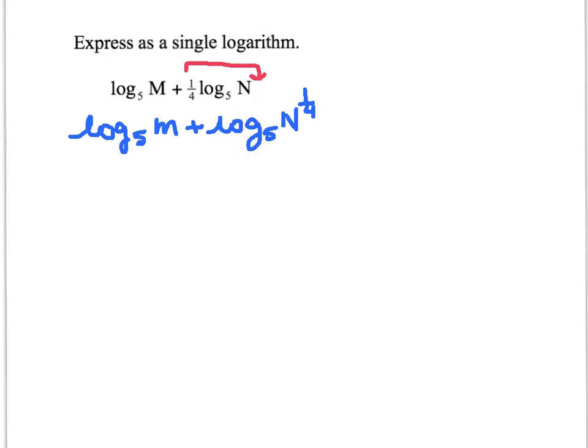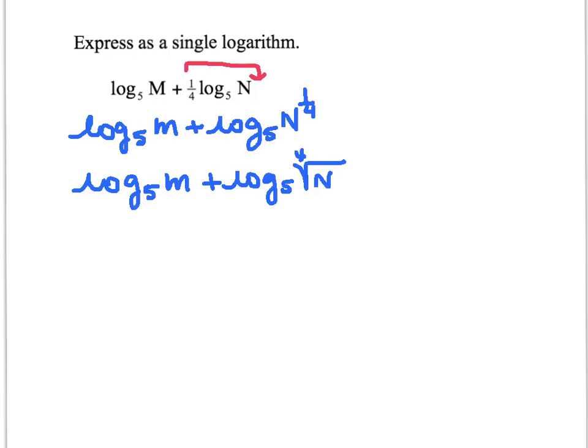I'm going to take that rational exponent 1/4 and put n to the 1/4 back into radical form, and so I'm going to call this log base 5 of m plus log base 5 of the 4th root of n.